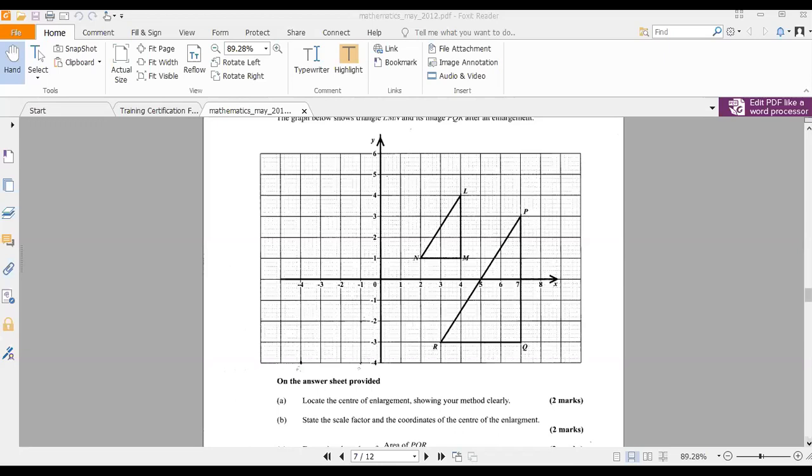They never ask you for the coordinates; they just ask you to locate the center of enlargement, any way you want to locate it. But sometimes they can ask you to locate and find the center of enlargement, and the scale factor is also a different thing.